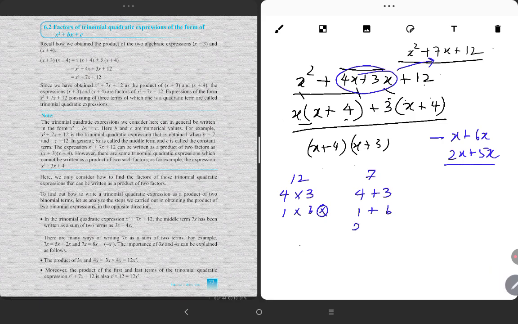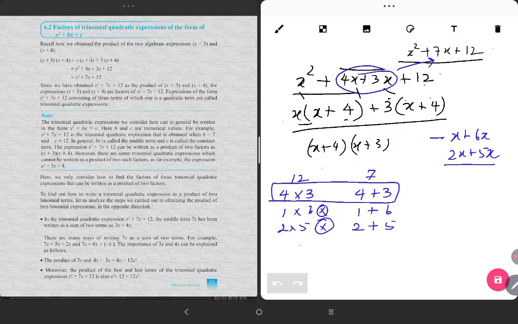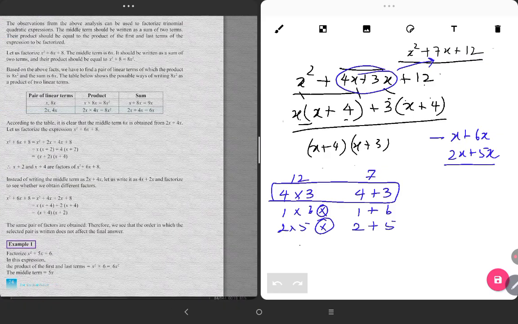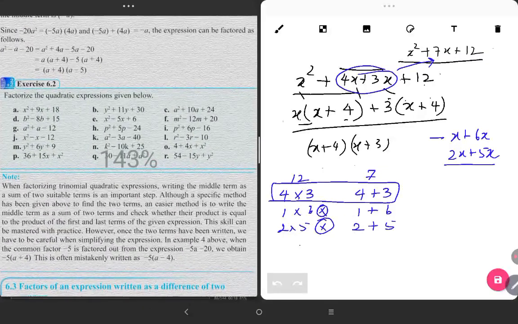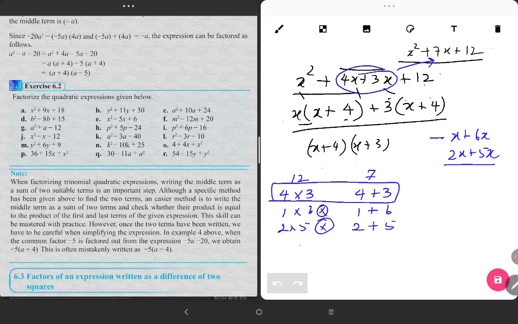In this one, we could have written 7 as 2 plus 5, but 2 times 5 is not 12. That's why we chose this. So that's the key part to understand when it comes to factorization. So let's do a few examples, and that way you will understand. So exercise 6.2, we will do that.